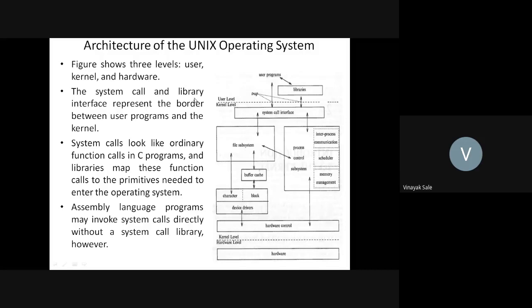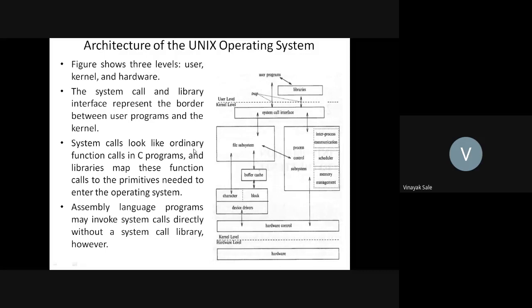So the system call and library interface represent the border between the user programs and the kernel. This is the system call and this is the library, and between these two there is a border. This is the border between the user level and the kernel level.